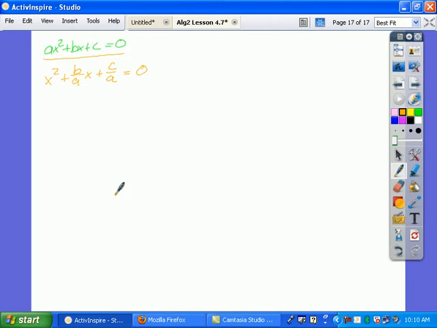Okay. So step 2 of completing the square process says, well, this c over a probably isn't the right number I need to have here, so I get rid of it. Right? What do I do? I push it to the other side through subtraction. So it gives us x squared plus b over a x equals negative c over a.